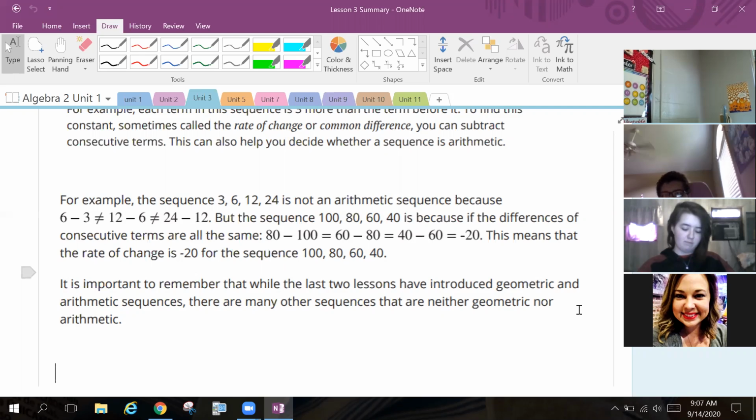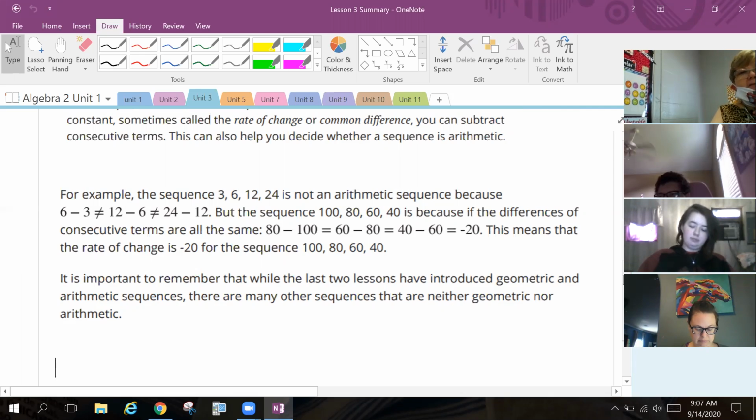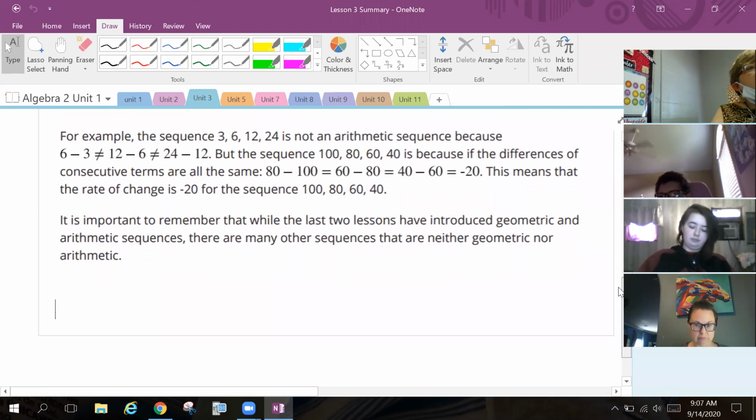You'll be able to take that and write the 55th term or the 100th term just based on the formula, knowing which sequence it is and how to develop the correct formula. So at this point, does anybody have questions about these?